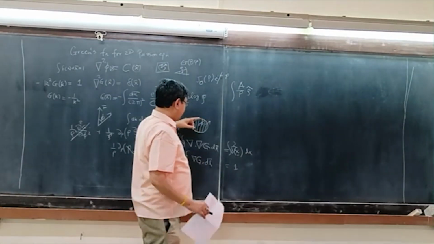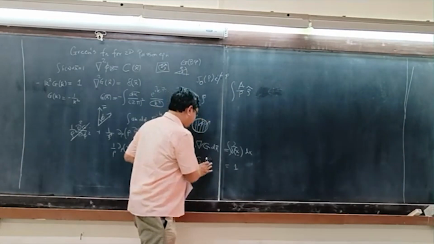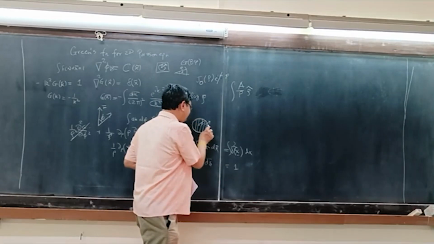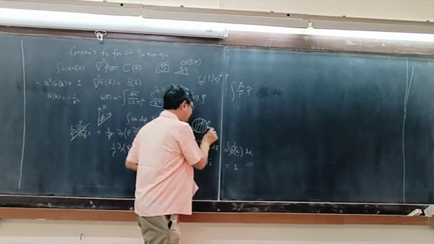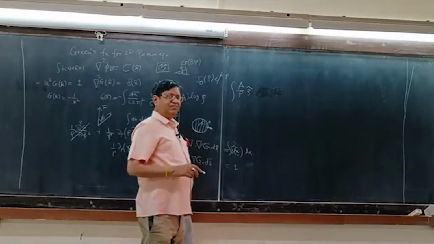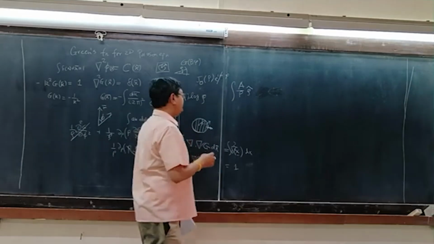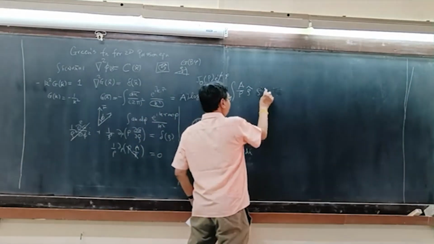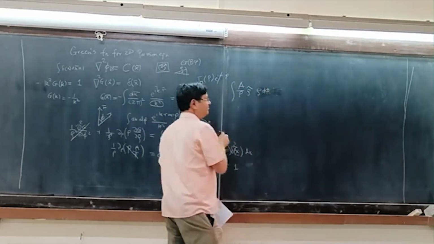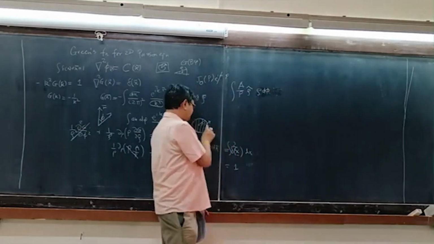So by the way, it's still called ds, but the area is this element. And what is that element? It is outward again, rho d phi. No d rho. Rho d phi, right?